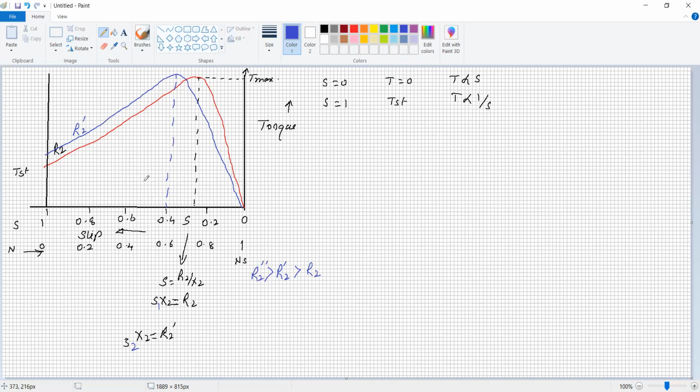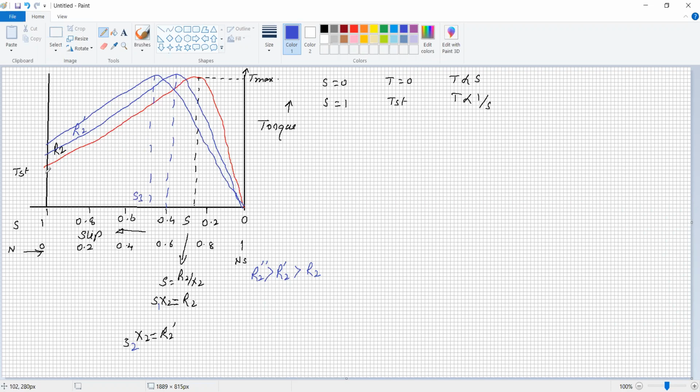So as the resistance increases, the occurrence of the maximum torque also increases. It will become maximum at a higher value of slip, whereas the magnitude of maximum torque will remain as it is. So here the occurrence of maximum torque, say S3, will be higher.